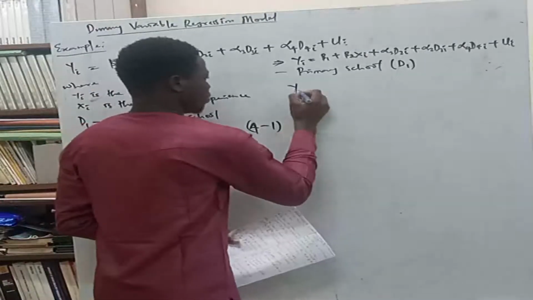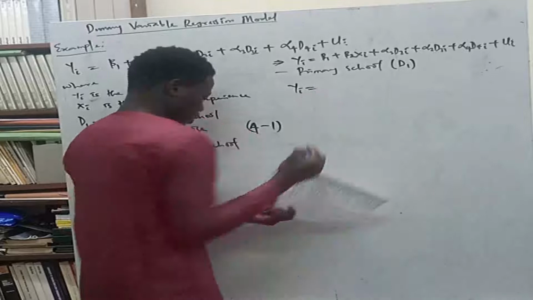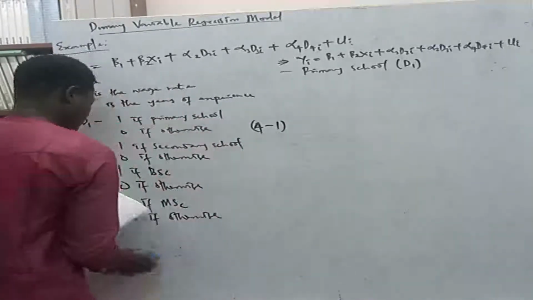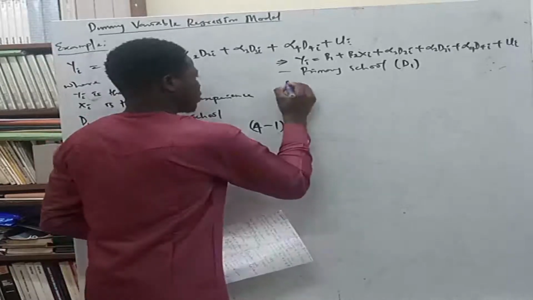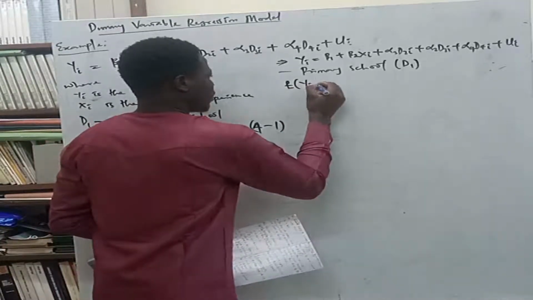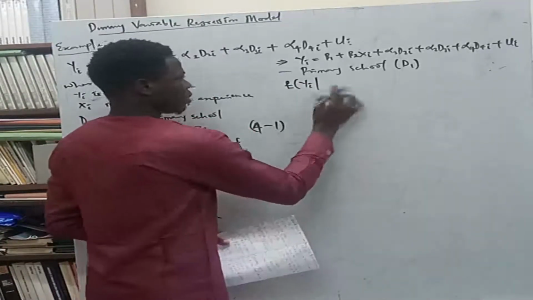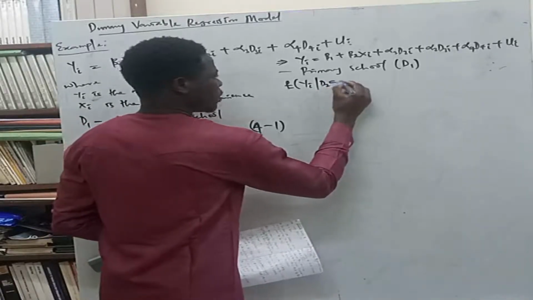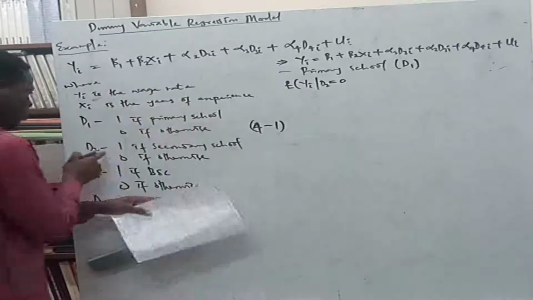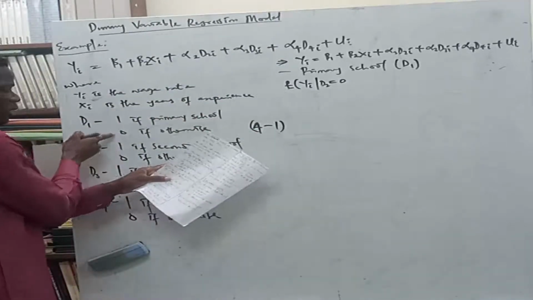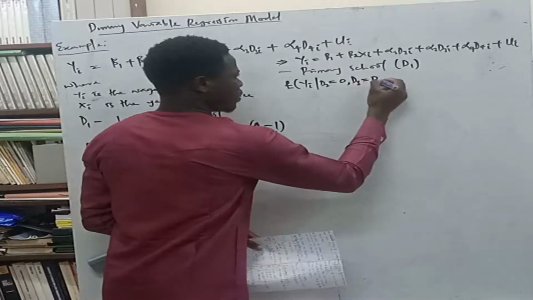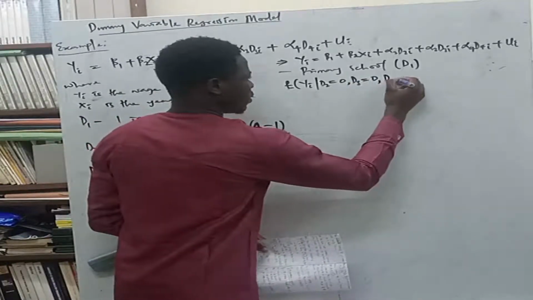So that leads to, there's a way you write that, the expected value of yi with D2 equals 0, because we are dealing with primary school, and we have said 0 if otherwise. D3 equals 0, D4 equals 0.